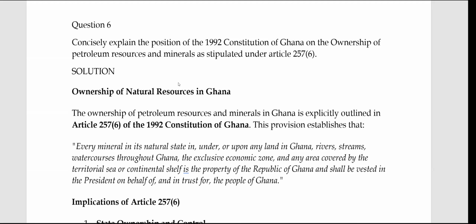Okay, so I will say that under the 1992 Constitution, Article 257 says that every mineral resource in its natural state is found in Ghana, on land or below the land, the rivers, streams or water courses in Ghana.